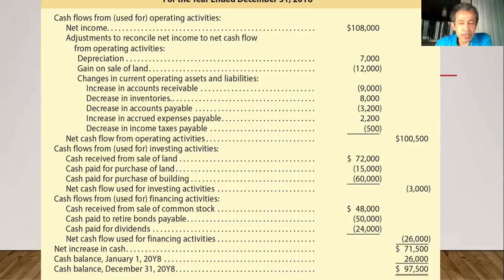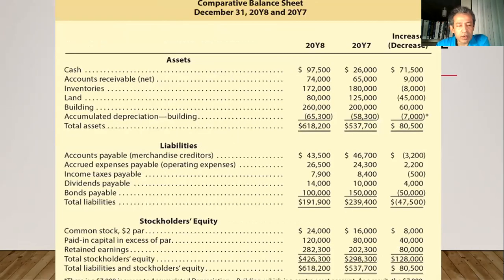And then the financing section, again easy, we can just look at the equity section of the balance sheet. What does it say? It says you have issued common stock. Your common stock account last year was $16,000. This year is 24.